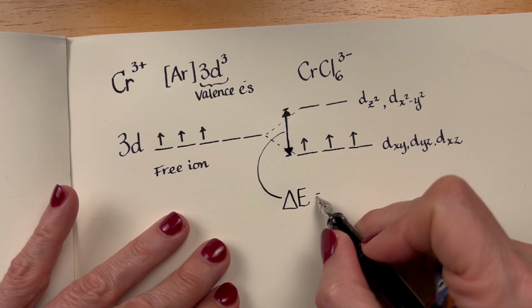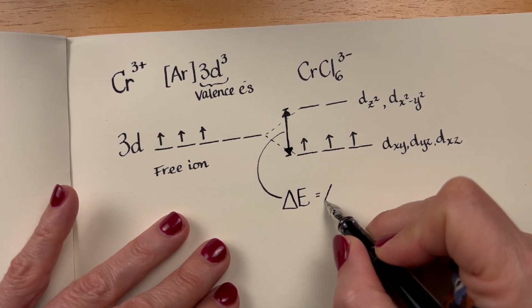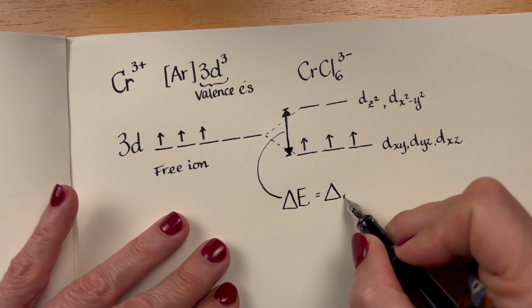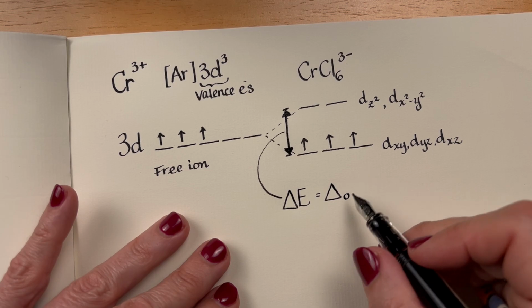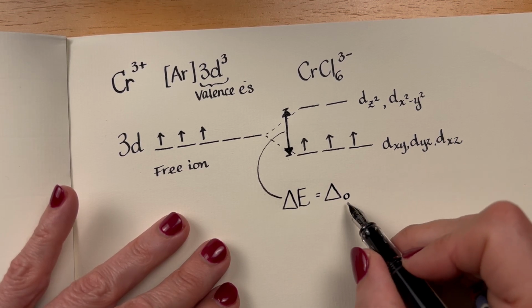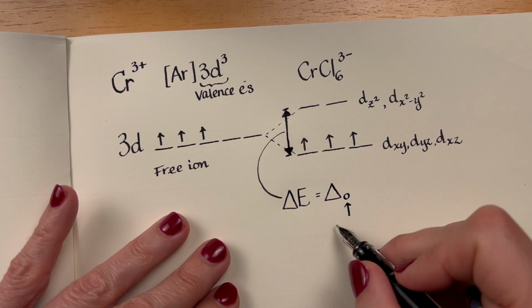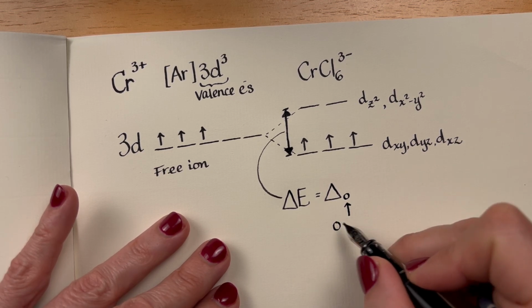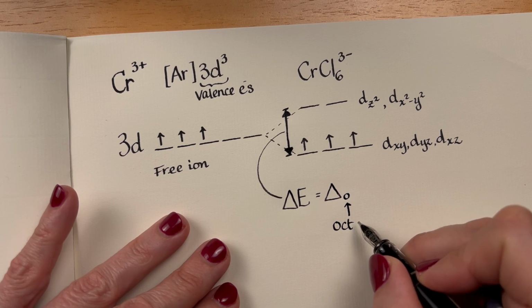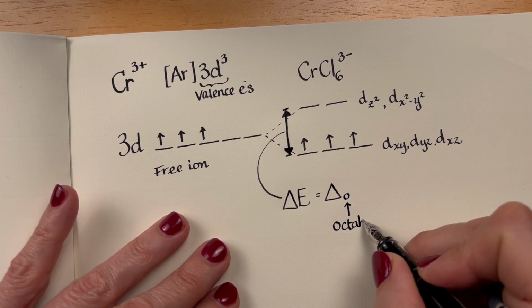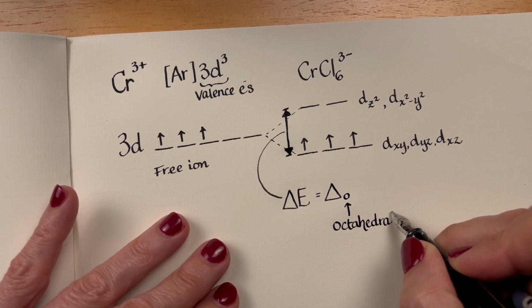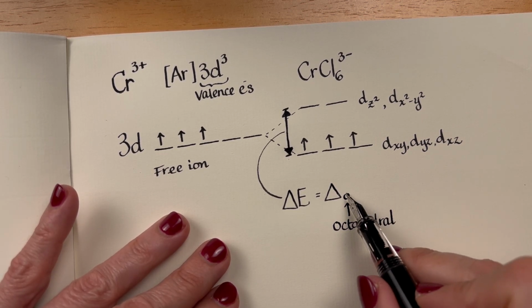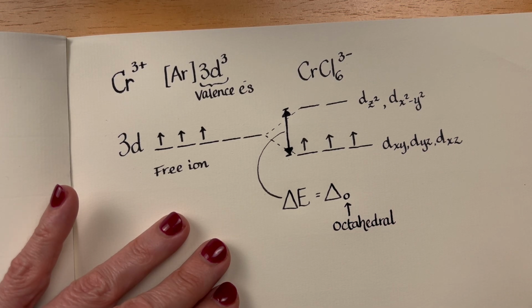This is referred to very specifically as delta O. Actually, I'm sorry, I corrected myself. That is not a naught. Naught means 0, right? This is O. O for octahedral. Okay. So if this were tetrahedral, that would be a T there.